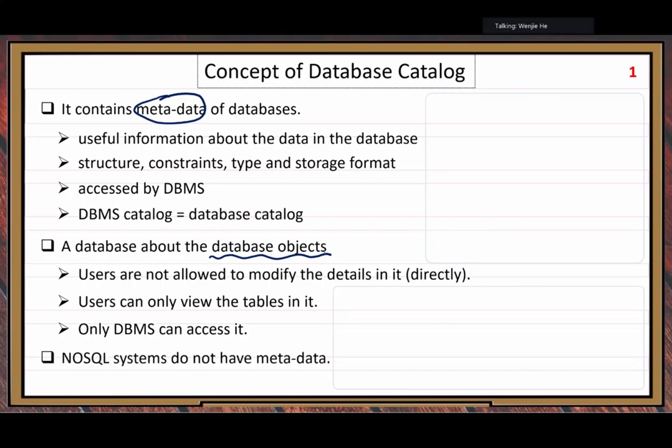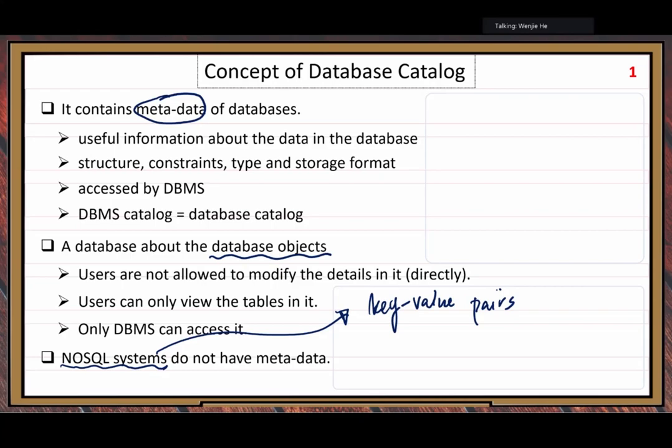Then related to this NoSQL system, we know it is a non-traditional DBMS for social media data. Remember the last time we talked about the structure, key value pairs, right? The structure in NoSQL is simple. Basically, key value pairs. That's the typical structure. And for that simple structure, no metadata is needed, right?